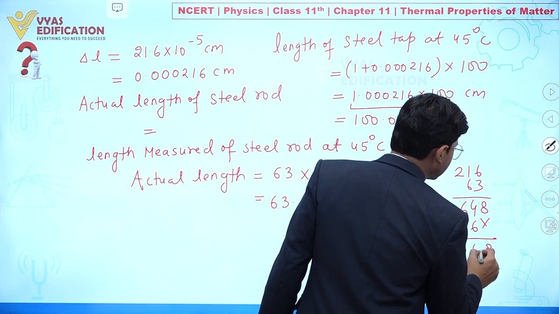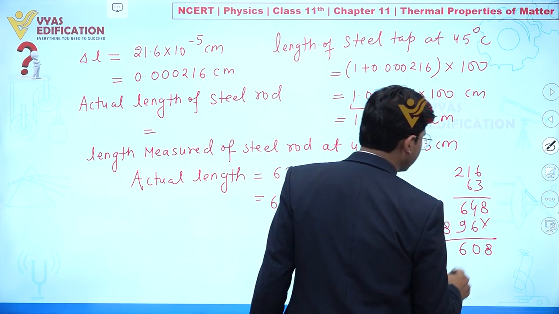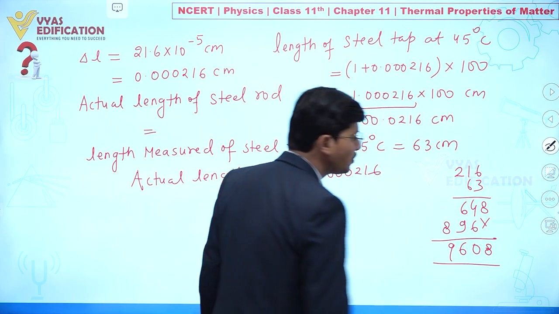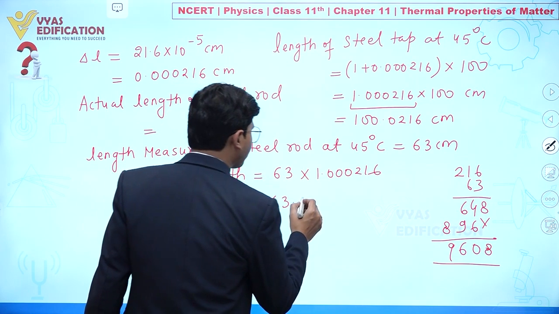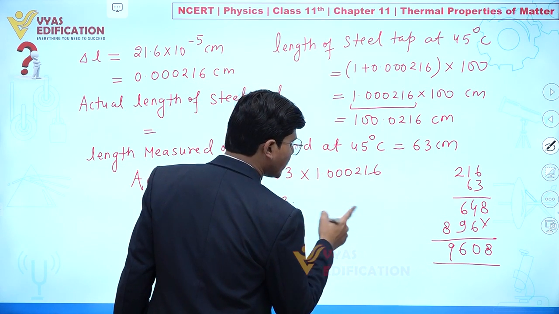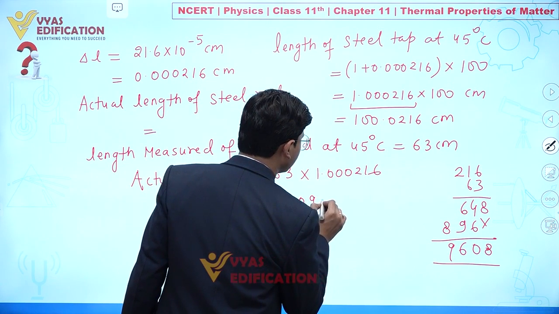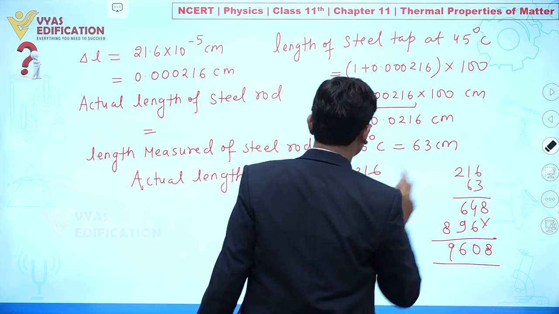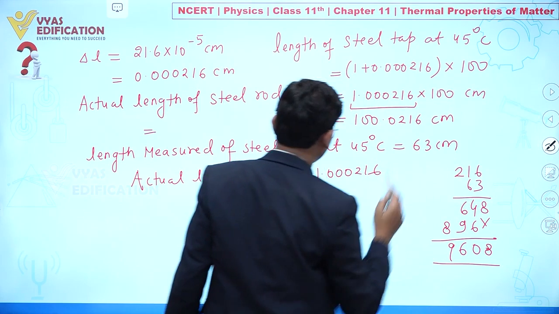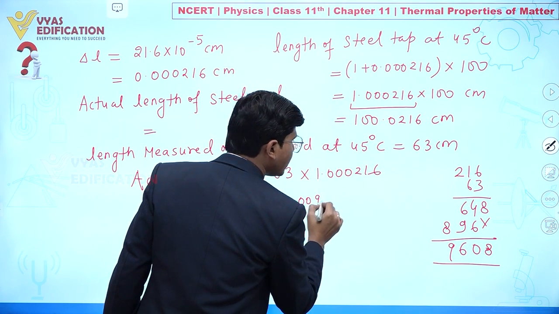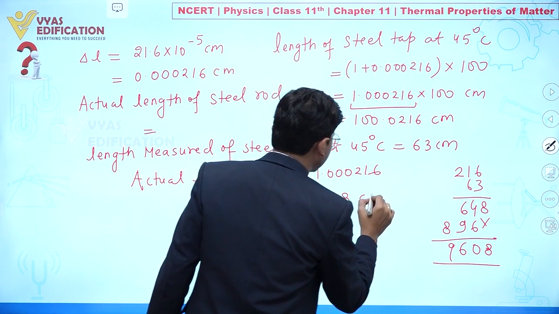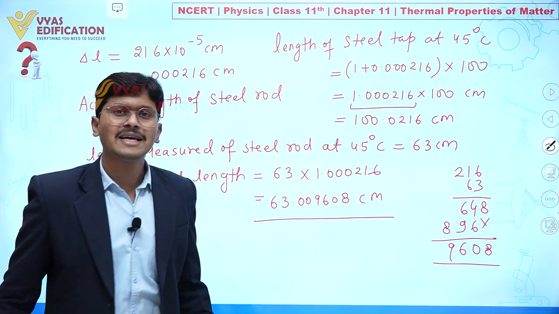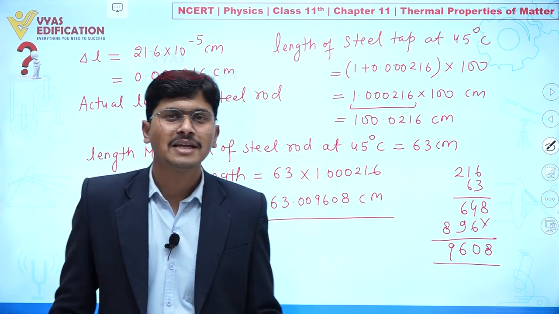So 8, 10, 7 and 9, this is 16, this is 9608. Clear? So 0.9608, just a minute, this will be 0.9608 centimeter. So this is actual length of steel rod at 45 degree Celsius.